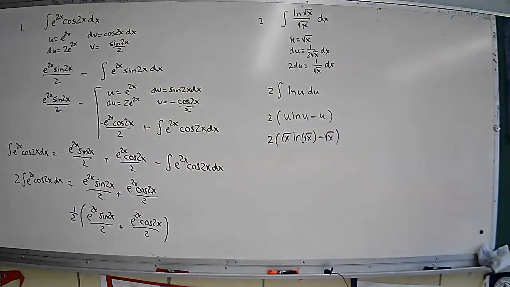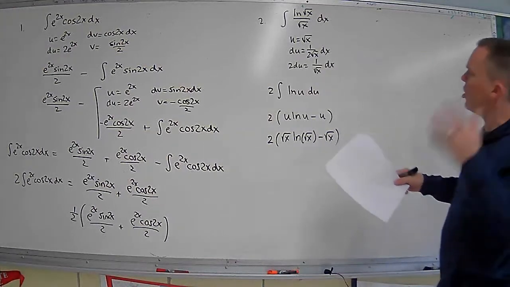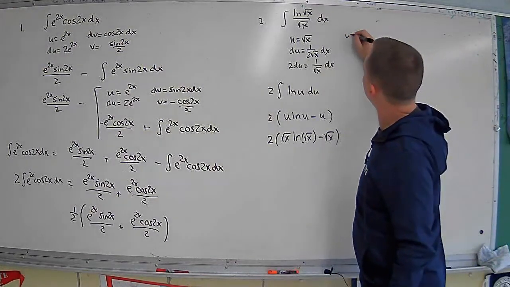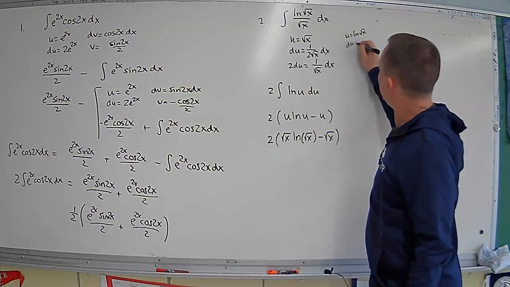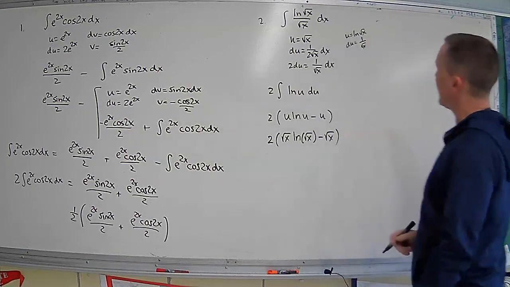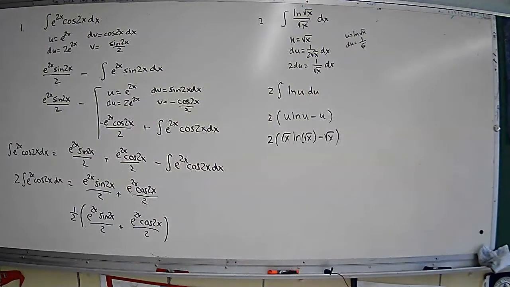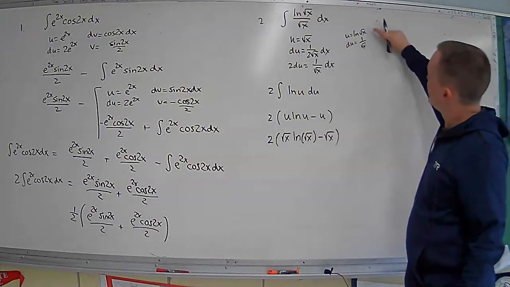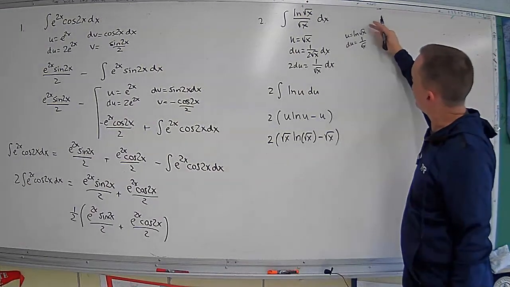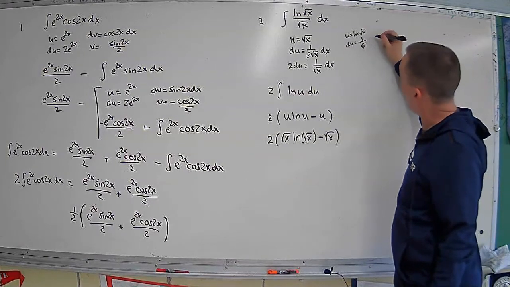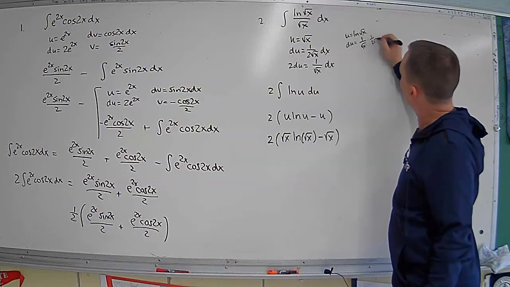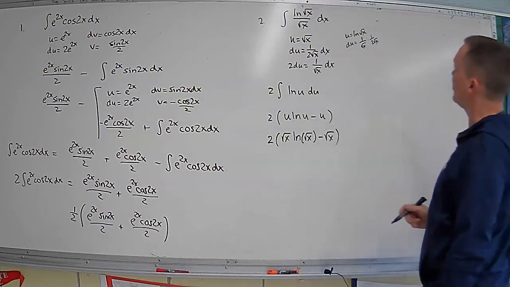Okay, plus c. The common wrong answer here was to let u equal natural log of radical x. And then everybody wanted to say that du was 1 over radical x. Okay? But that's not true because of the chain rule. The derivative of natural log of radical x is not 1 over radical x. It's 1 over radical x times 1 over 2 radical x because of the chain rule.